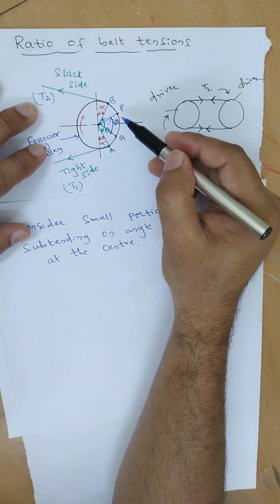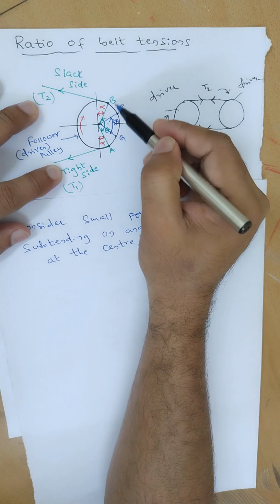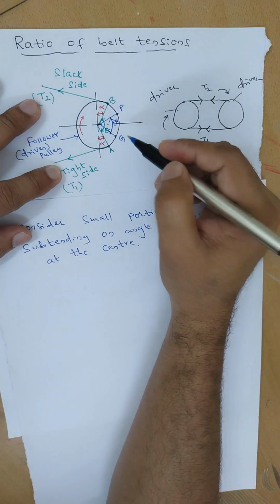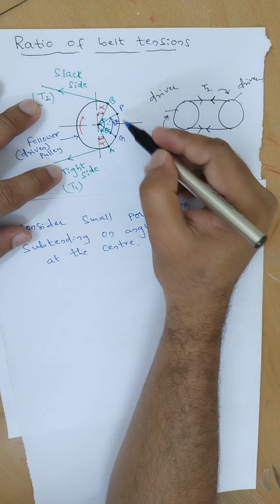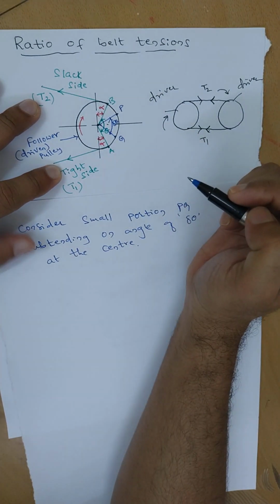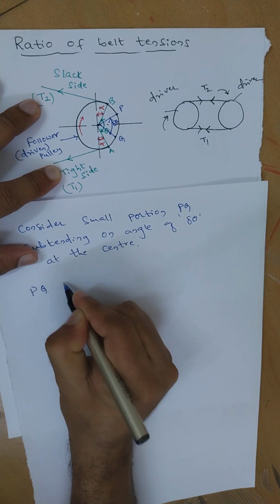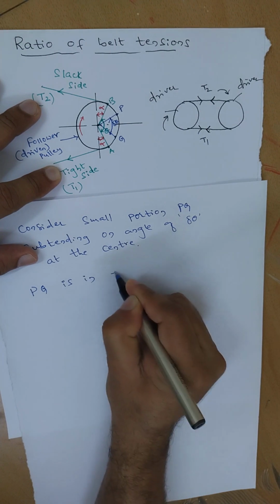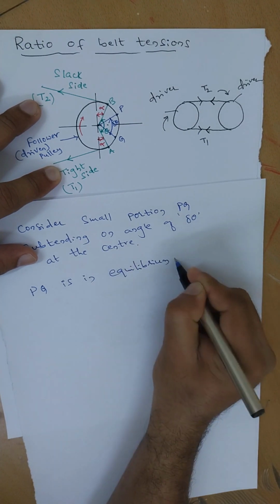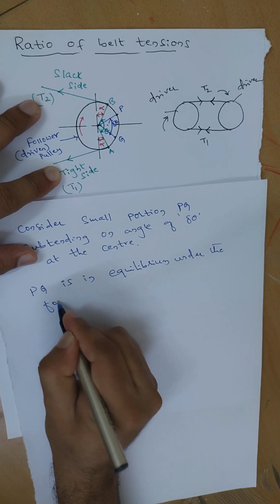Now if T1 and T2 are related to AB, then for PQ, what are the forces we need to consider if PQ should be in equilibrium? Those forces we first need to draw here. So PQ is in equilibrium under the following forces.